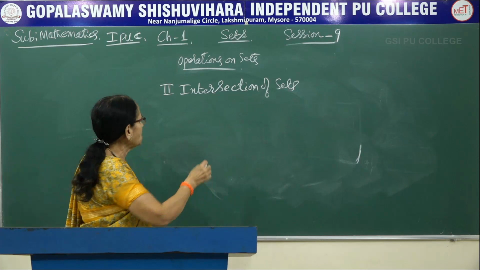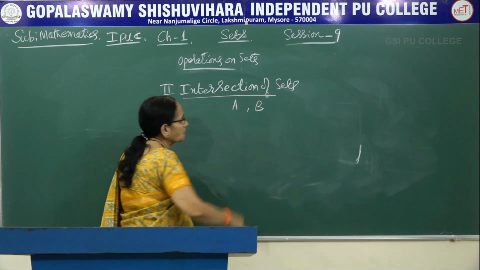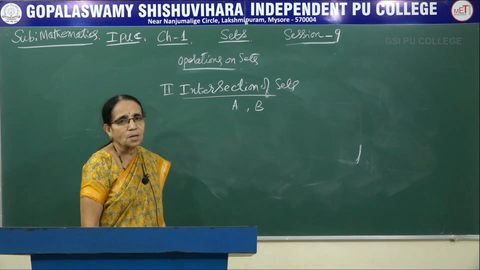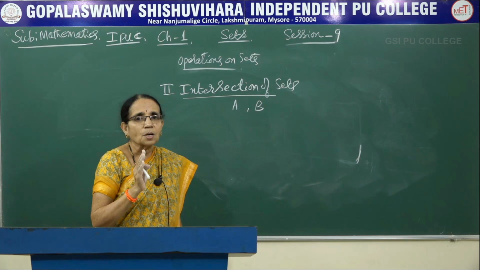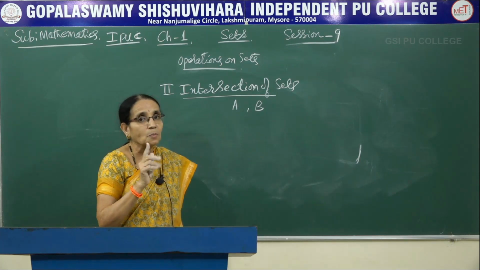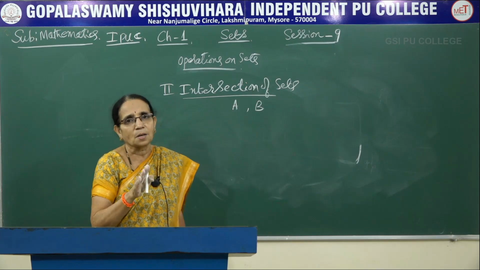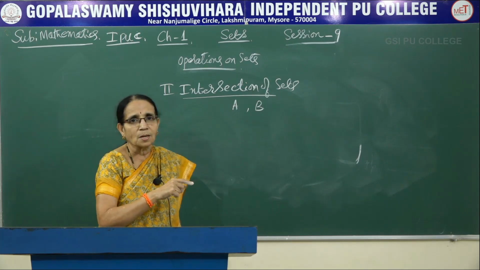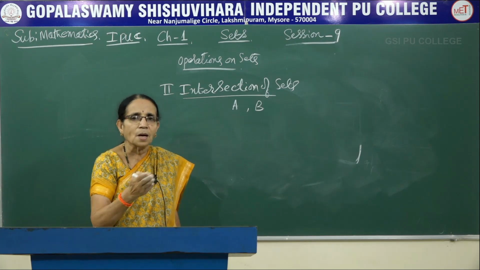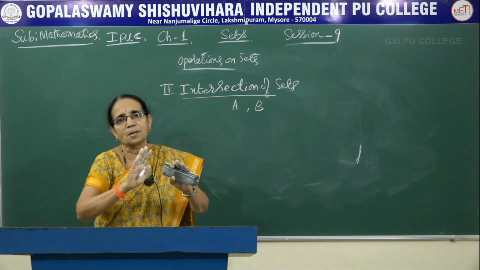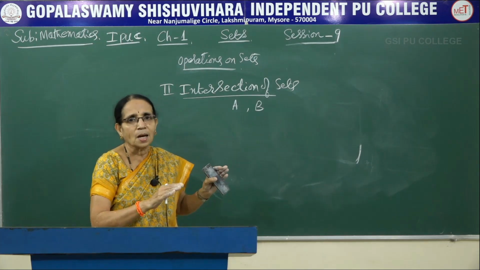Here again, I am considering two sets, say A and B. What I mean by intersection is, in this case, we take the elements which are common to both A and B. It has to be present in A as well as in B. In the case of union, it can be either in A or in B. If it is present in any one of the sets, it comes inside the union. Whereas here, it has to be both in A as well as in B.